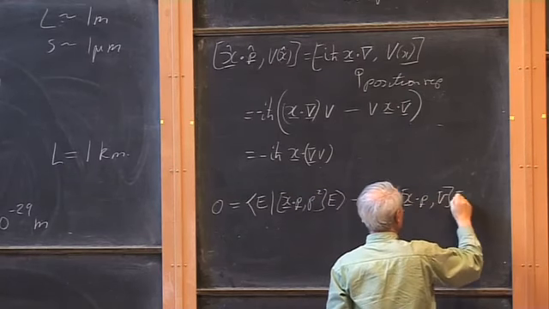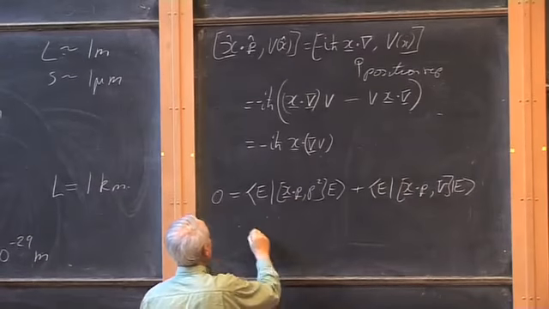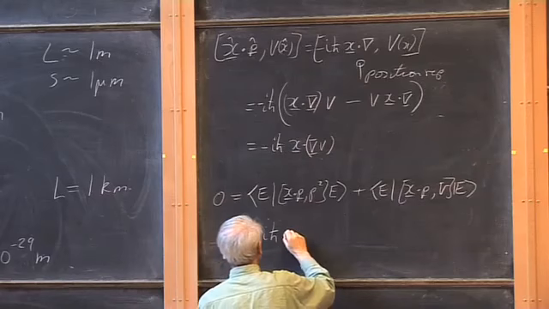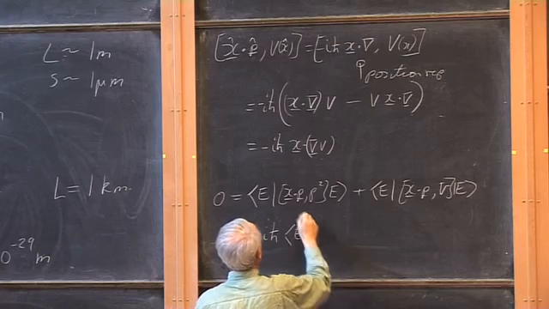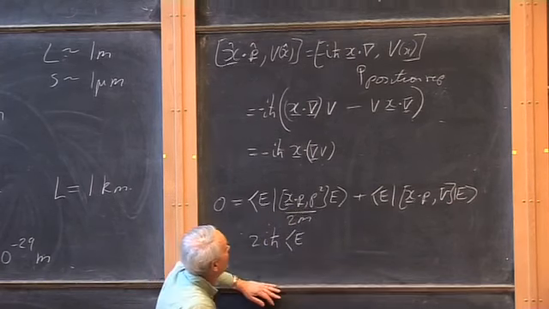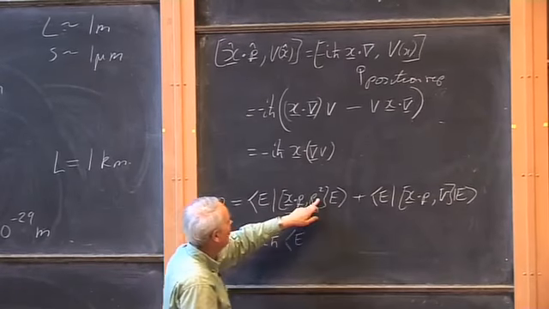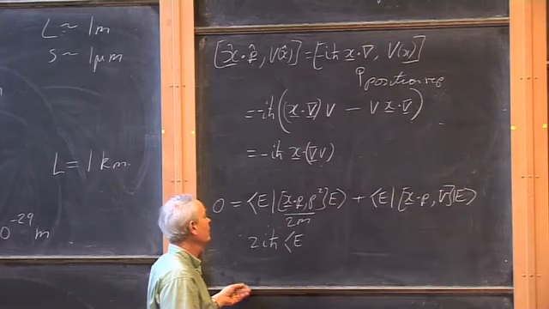That's just summarizing where we stand. This we've discovered to be 2iħ. This commutator turned out to be p squared, so it becomes the expectation. Oops, there should have been over 2m on this, shouldn't there? Because it was the Hamiltonian, p squared over 2m. This p came from the Hamiltonian, where it was p squared over 2m. This v came from the Hamiltonian, where it was just v.